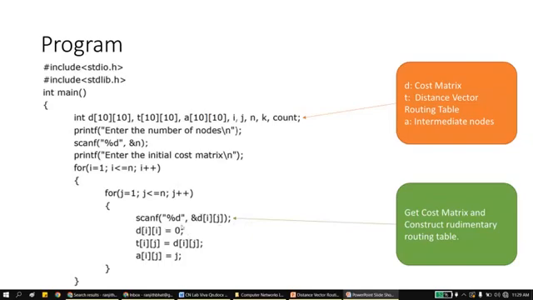We are also going to mention that from that node to that node itself, the cost will be 0. That is, you are at node number 1 and you have to travel to node number 1 again, so the distance you have to travel is 0, and T of i j is equal to D of i j. This means we are going to associate the cost matrix with the distance vector.